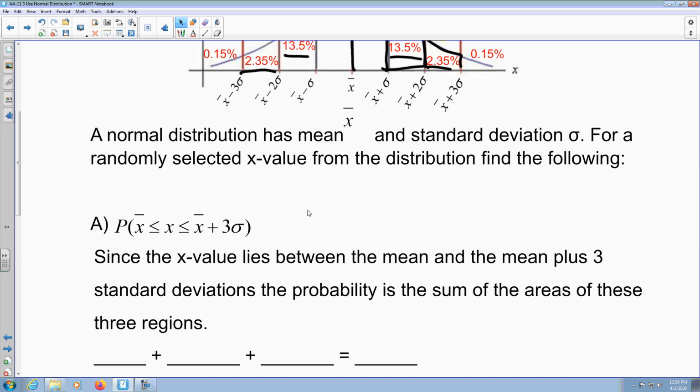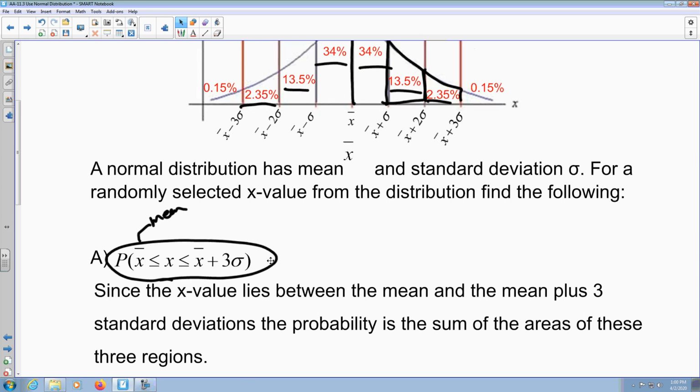What they're asking in this example right here is the probability of you selecting a piece of data that is in between the mean, which is right here, and three standard deviations to the mean. And that looks like it's to the right. So here's your mean here, here's three of the standard deviations to the mean over here. So that is how we determine what these probabilities are.